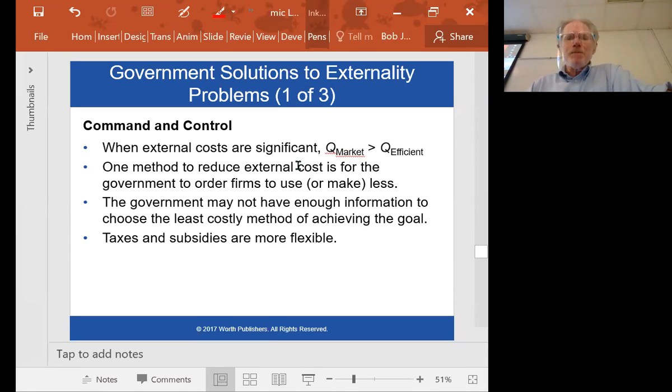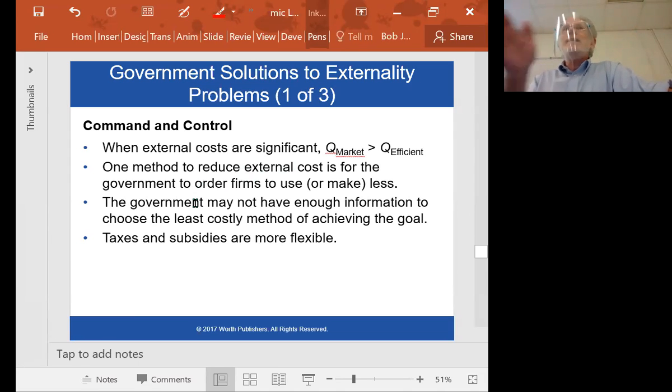Okay? But another method is simply for the government to issue a command. You cannot emit any pollution, or you can emit only a certain amount. And if the government says you can't emit any of these chemicals, then those chemicals don't get produced.